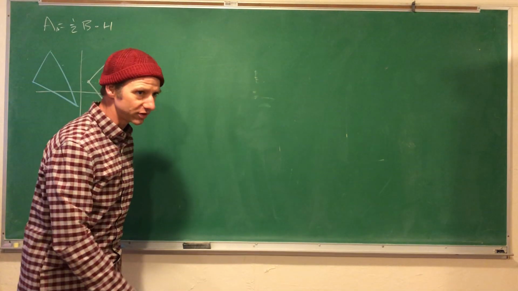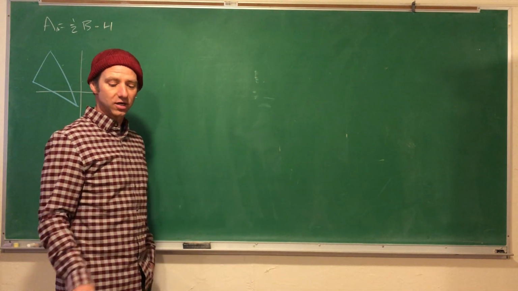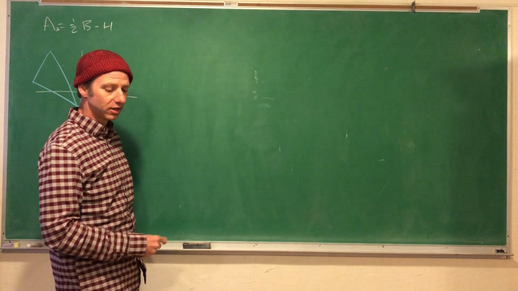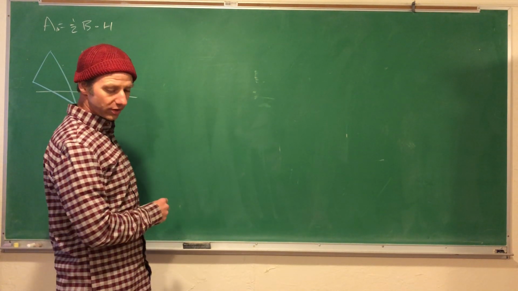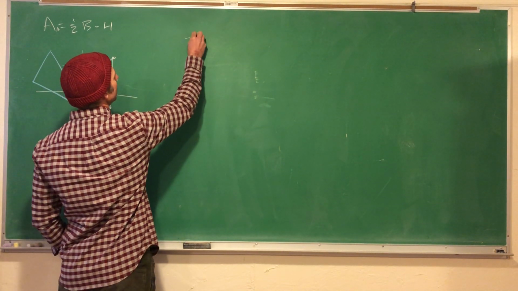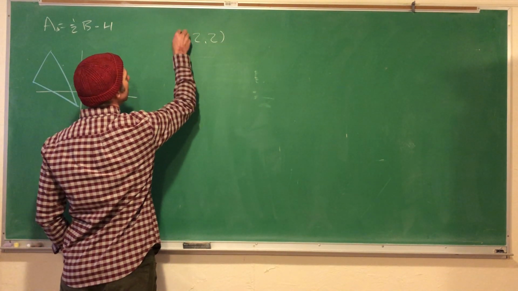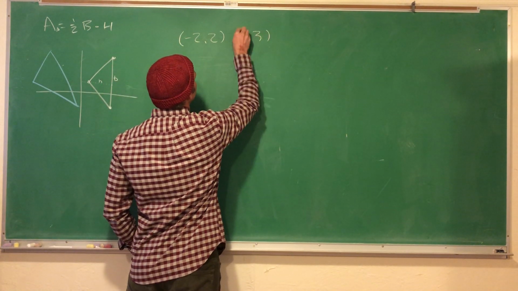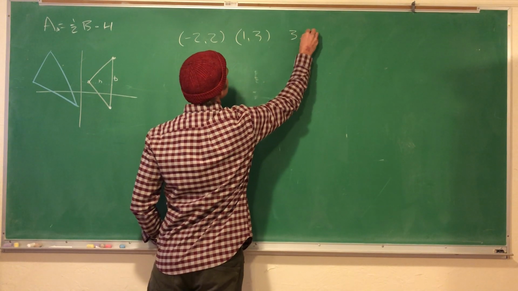I'm not going to prove it to you, but I will show you that it works. The proofs to some of these are pretty exhaustive. So let's start with a triangle. The coordinates are -2, 2, 1, 3, and 3, 0.